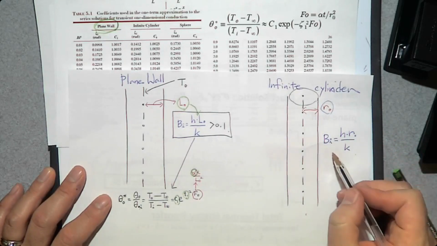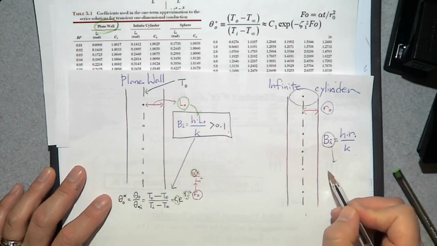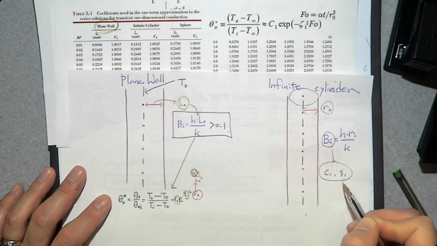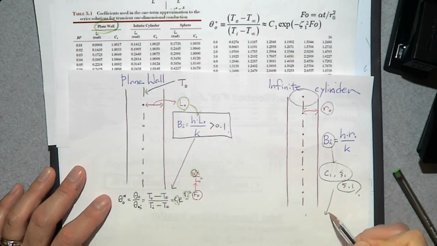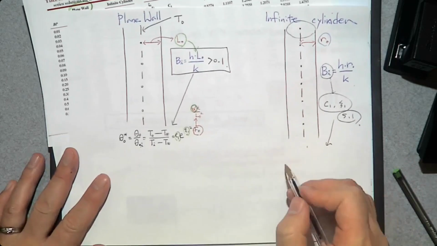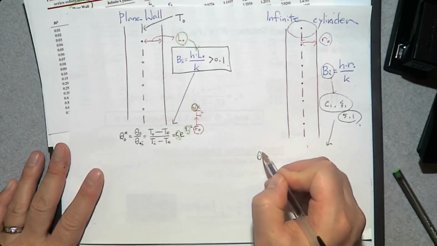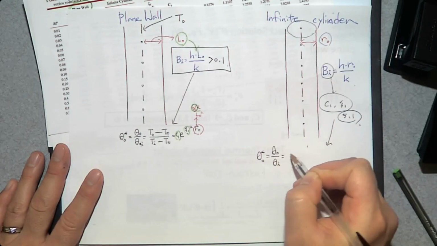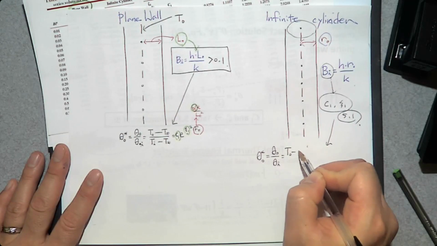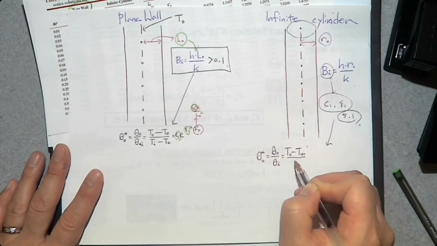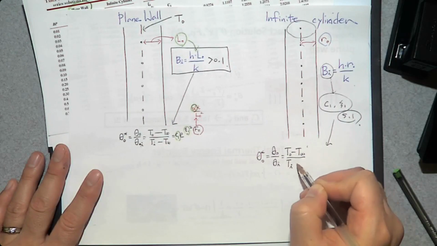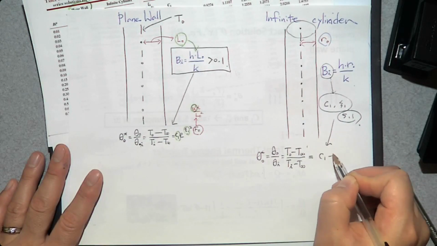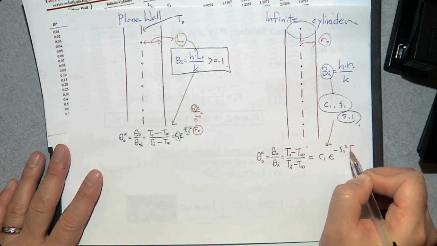Using this Biot number, we determine C1 and Z1 from table 5.1 and use this governing equation, which is theta star 0, theta 0 divided by theta i, which is the temperature at the center minus the temperature of the fluid, divided by the initial temperature of the solid minus the surrounding fluid temperature, equals C1 e to the minus Z1 squared times the Fourier number.